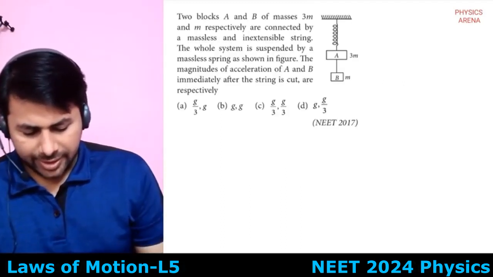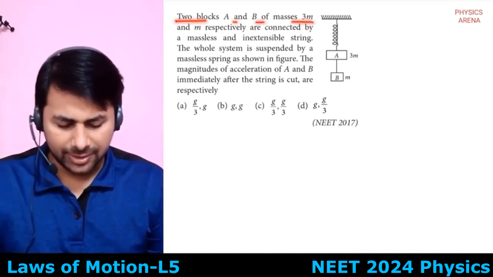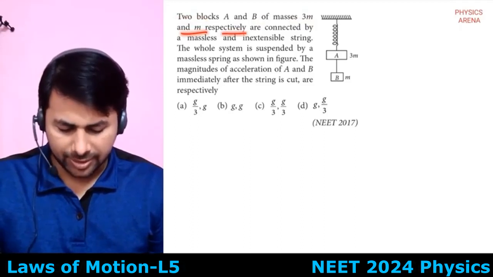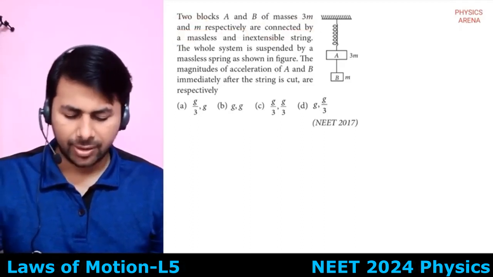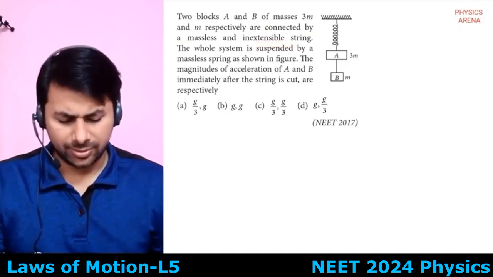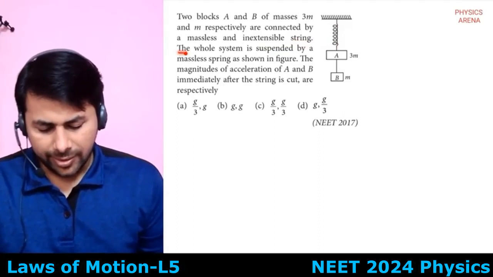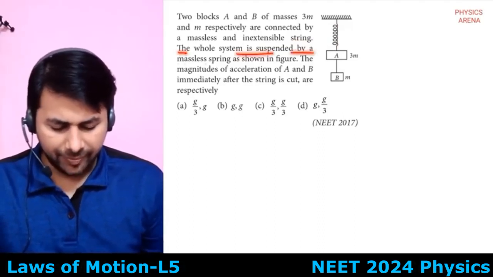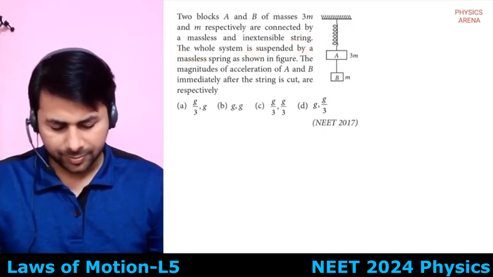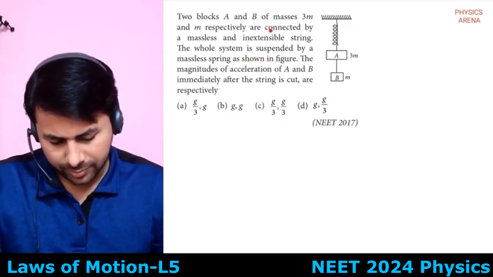So now let's see this problem. Two blocks A and B of masses 3m and m respectively are connected by a massless and inextensible string. Okay, they should call it a spring. Okay, this is a spring. The whole system is suspended by a massless spring as shown in the figure.